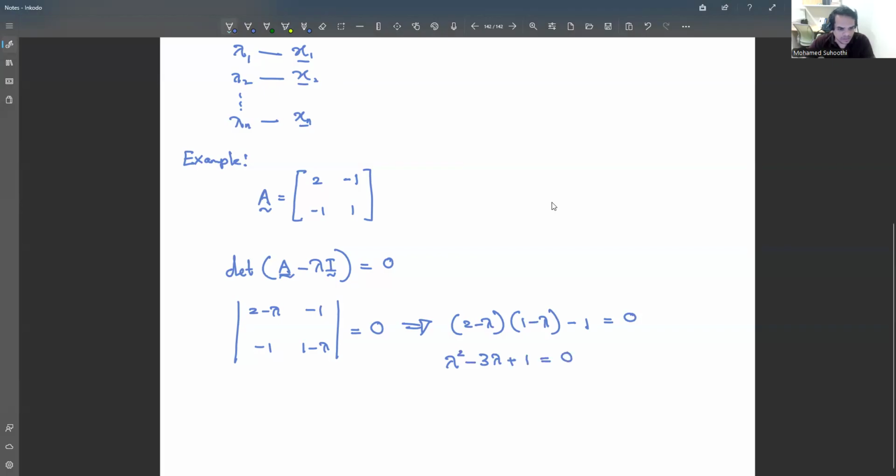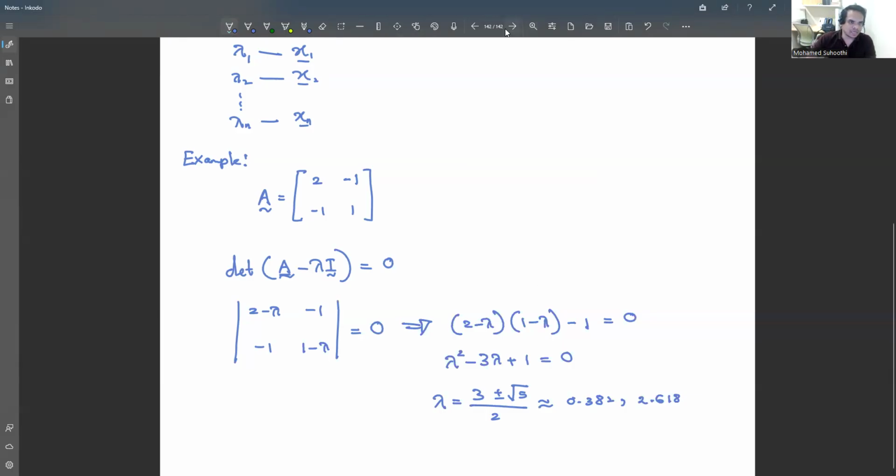You cannot simply factorize this. So let me write the answer I get: 3 plus or minus square root 5 over 2. It is approximately 0.382, this is one solution, another solution 2.618.